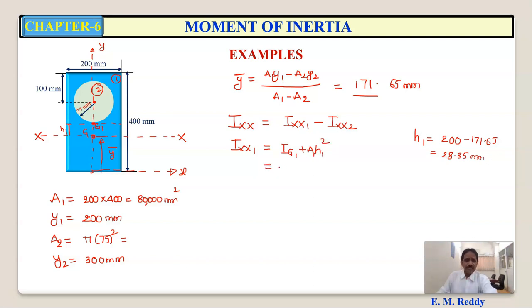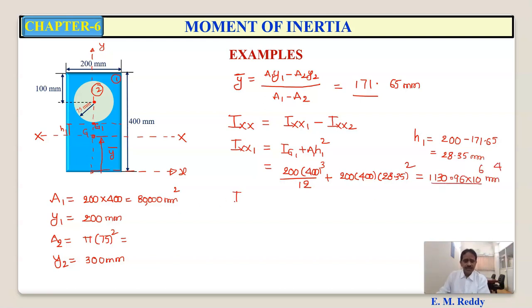Ig1 as per the formula BD cube by 12. B is 200, D is 400, BD cube by 12 plus A1, 200 into 400, into H1 square, 28.35 square. That gives you 1130.96 into 10 raised to 6 mm raised to 4.